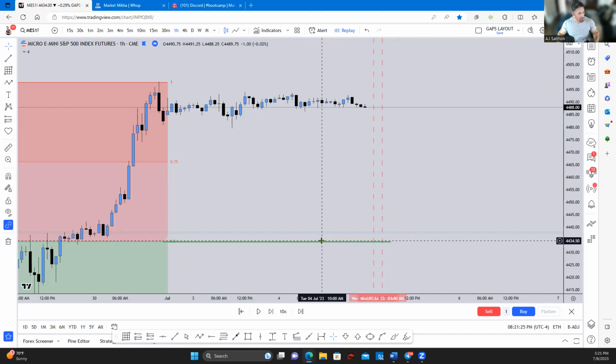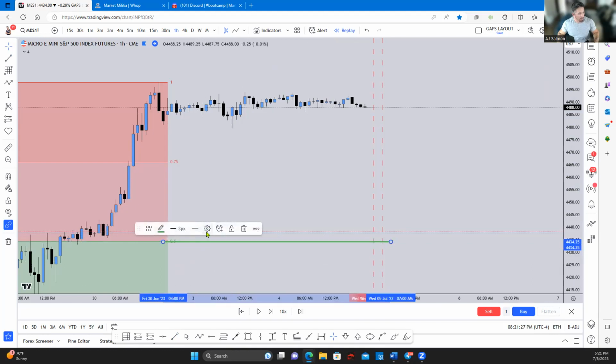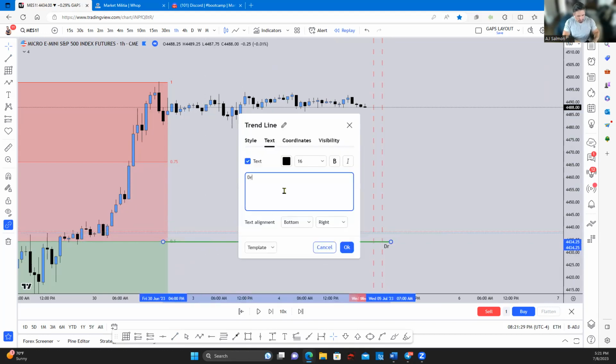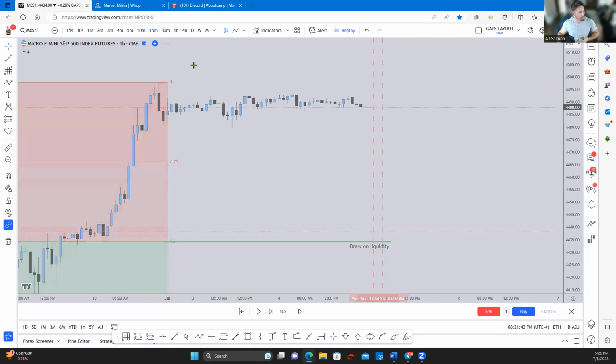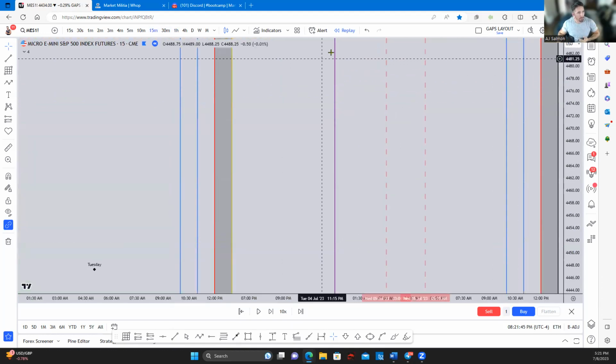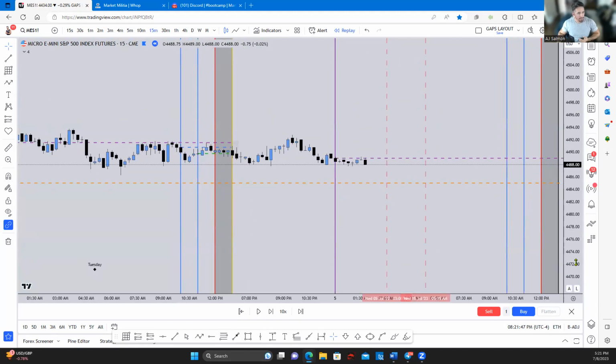So this is going to be our draw on liquidity. Why? Because this is where price is going to want to come back into discount. Price moves from discount to premium and premium to discount. Okay, so back to the 15-minute time frame.